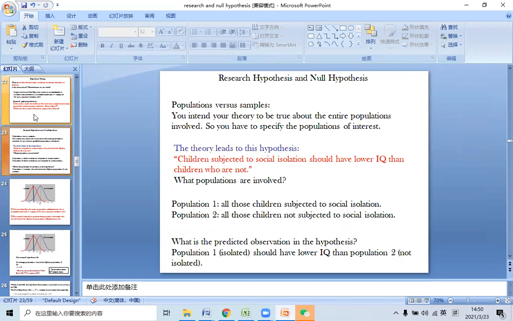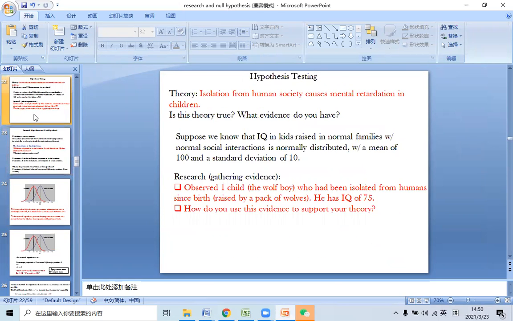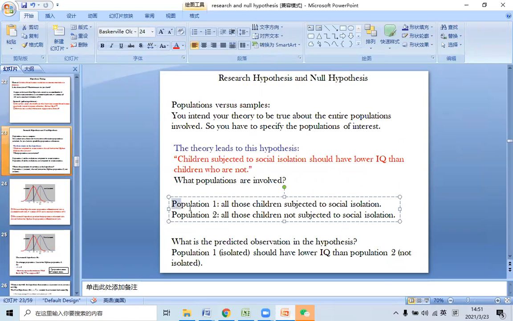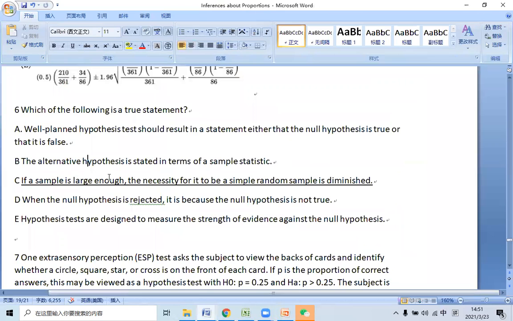Hypothesis is about a population. Your hypothesis is about a population. Population 1, all children subject to social isolation. Population 2, all children not subject to social isolation. B is not good.